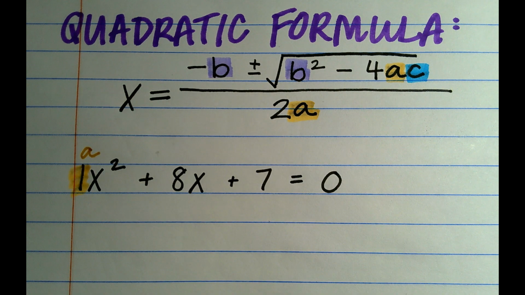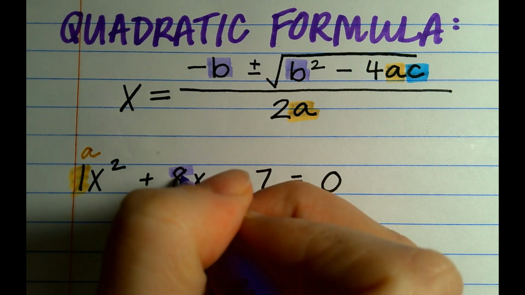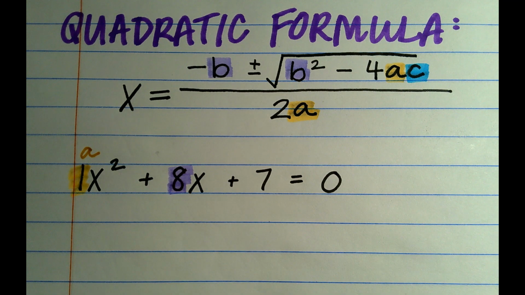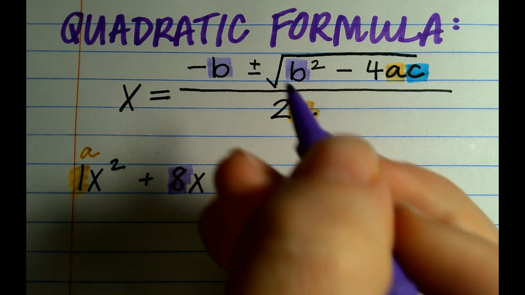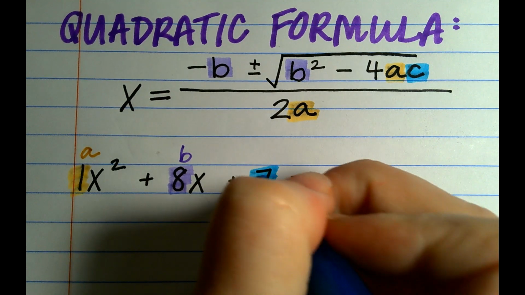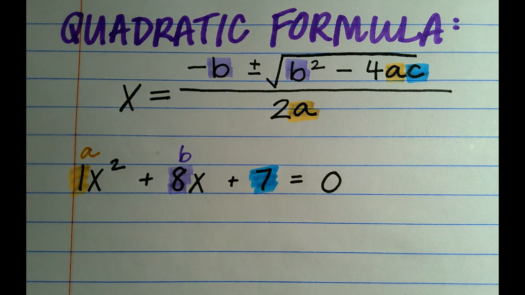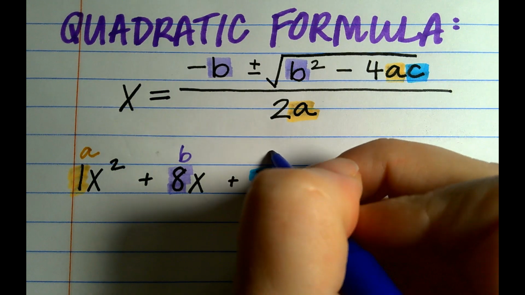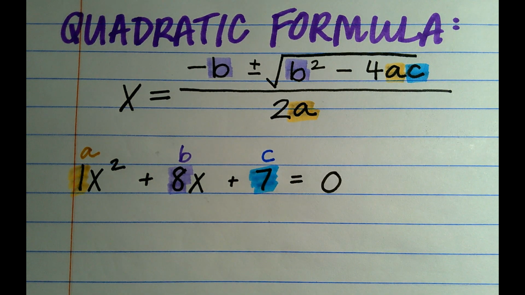What's my B? 8. And my C? 7. So, I have my A, my B, and my C labeled.